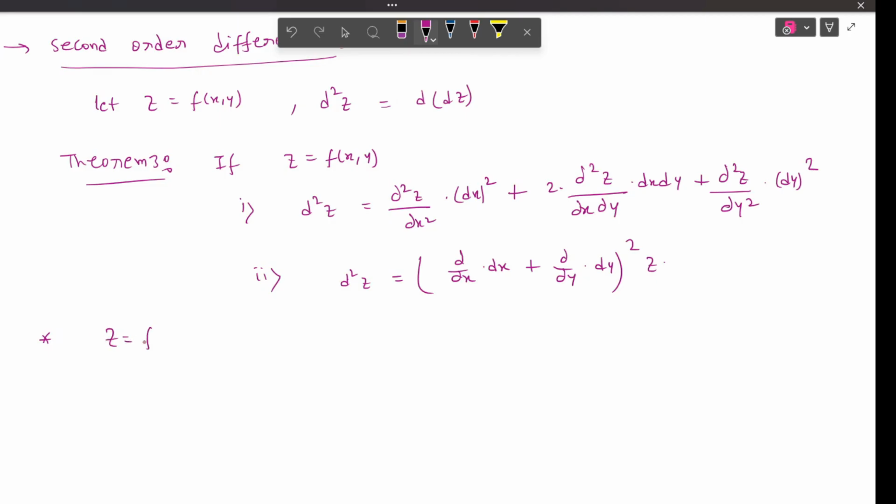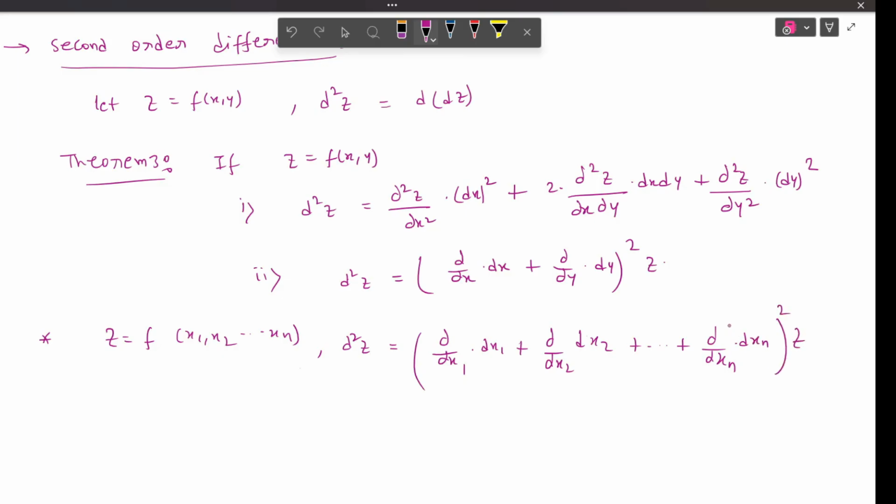If we have z as f of x1, x2, in this manner up to xn, then our d square z would be (del x1 into dx1 plus del x2 into dx2, in this manner up to del xn dxn) whole square z.